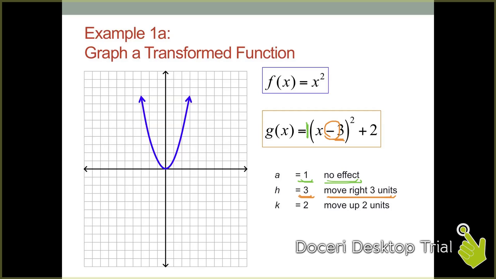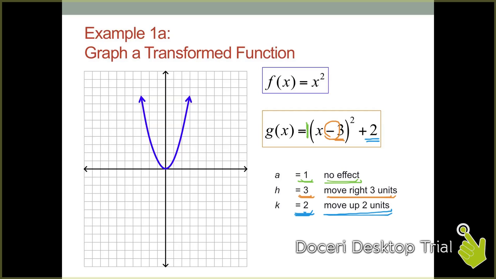And then we've got our k value, and that's going to be out here. For k, it is what it looks like. So positive 2 for k tells us that my parent function, the blue parabola I'm looking at right now, also needs to be moved up 2 units.